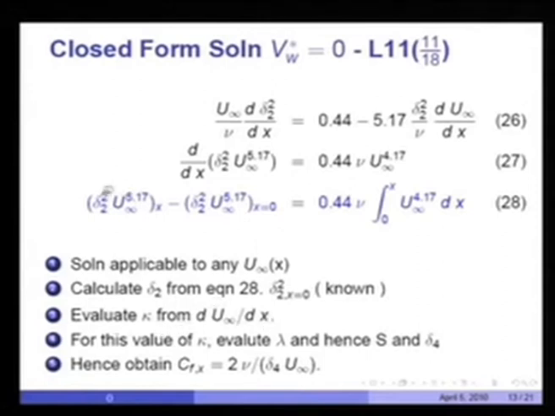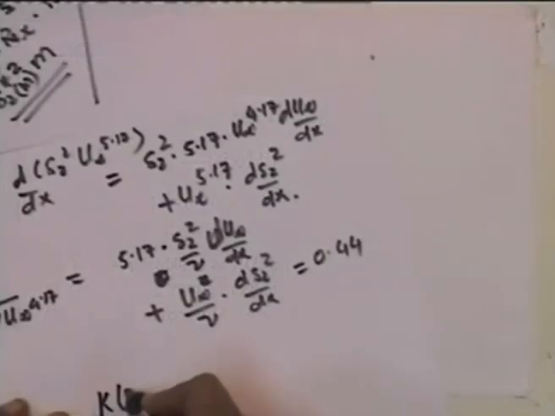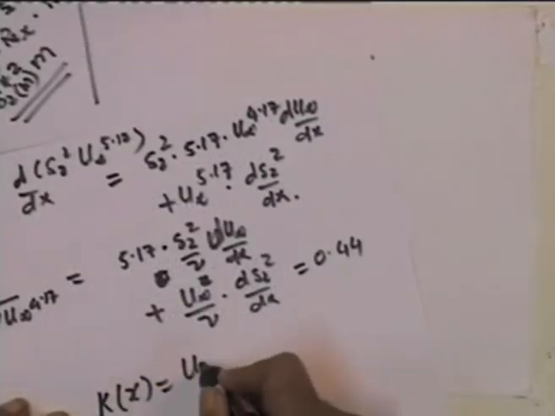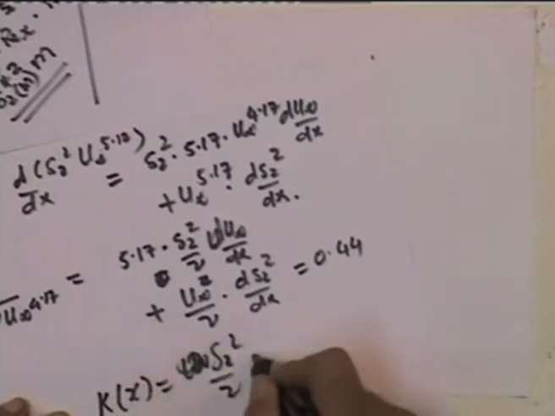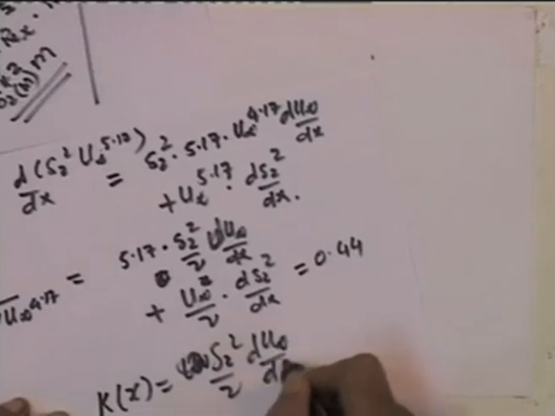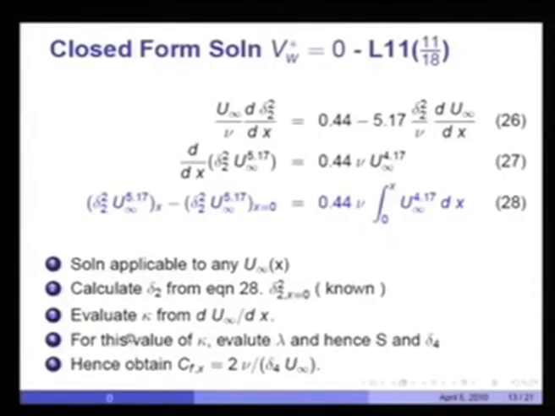Evaluate kappa from du infinity by dx. So, now that you know delta 2 squared, you can evaluate our kappa. Once you have evaluated delta 2, you can evaluate delta 2 squared over nu times du infinity by dx, because you already know what u infinity of x is.